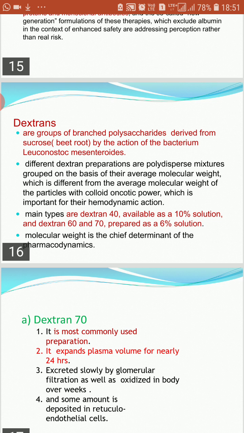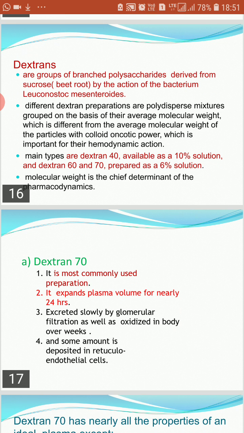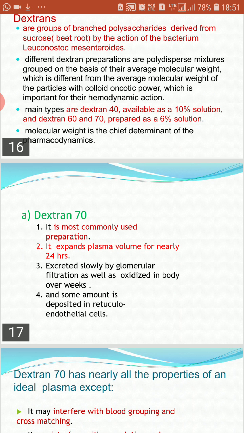Dextran 40 is available as 10%, 60 and 70 as 6%. 60 and 70 are higher molecular weight. Dextran 70 has high molecular weight and it is the most commonly used preparation. It expands plasma volume for nearly 24 hours.